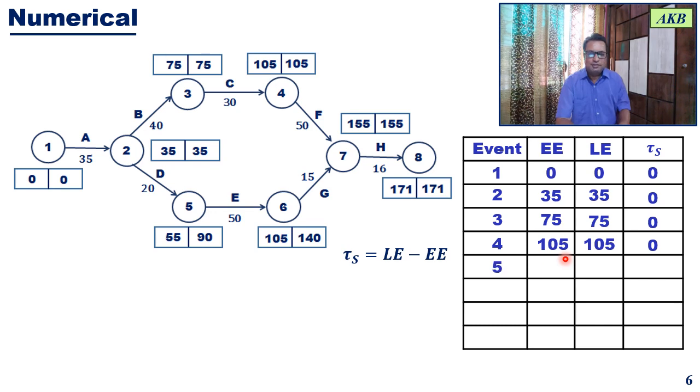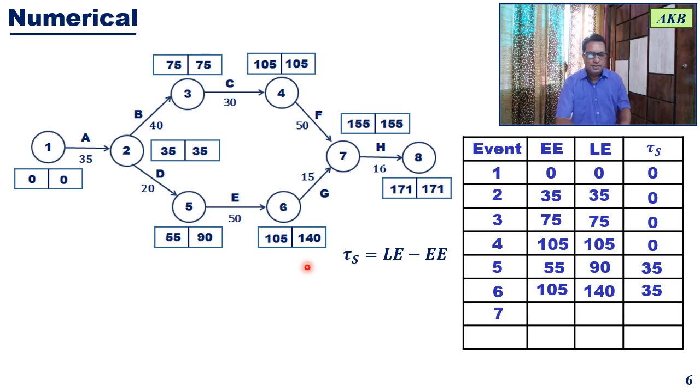Then for event 5, the earliest event time is 55 and latest event time is 90. So for event 5, the slack will be 90 minus 55, that comes out to be 35. Okay. Then for event 6, the earliest event time is 105 and latest event time is 140. Therefore, slack for this will be 140 minus 105, that is 35.